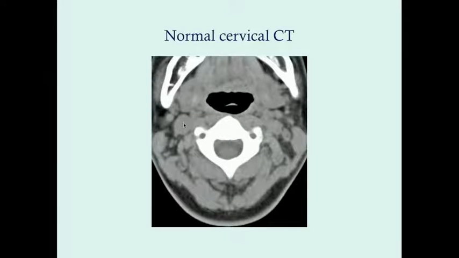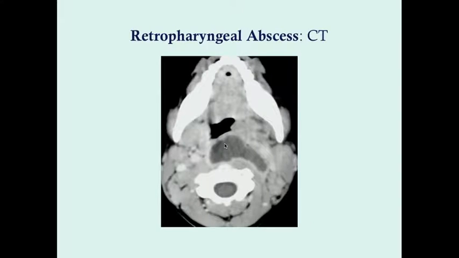So what you want to look for here is the space in between the vertebra and the pharynx. So this is not a very wide area. It kind of makes like a butterfly shape. This is obviously an abscess.